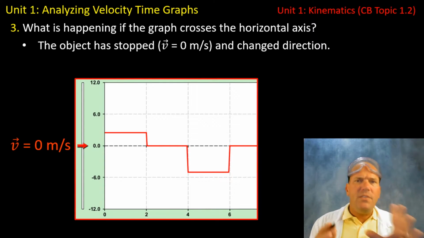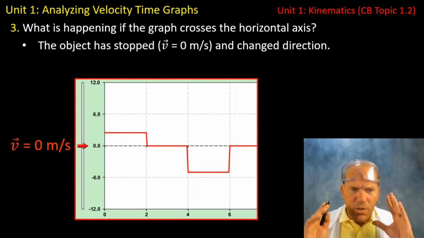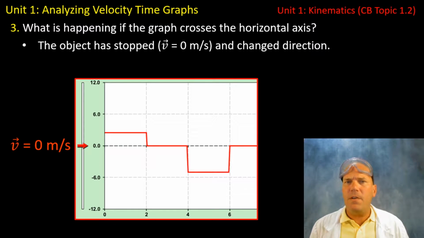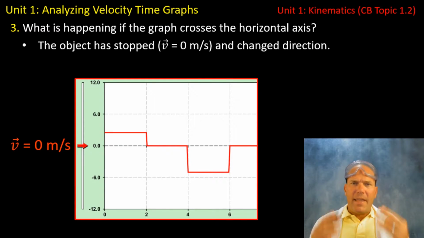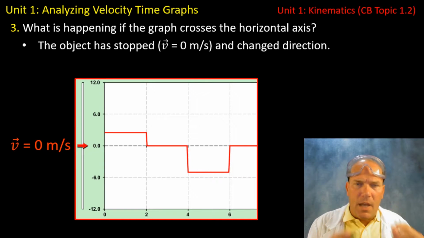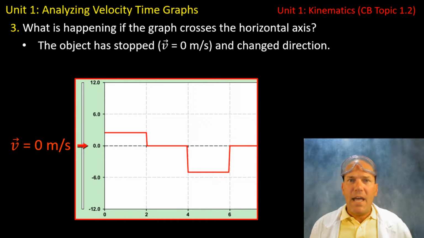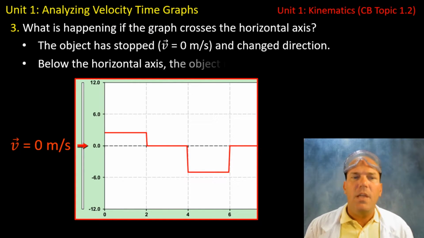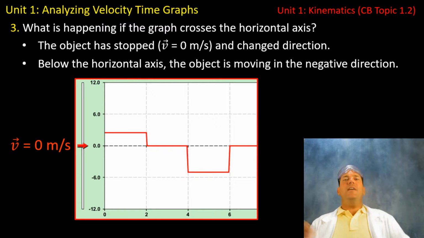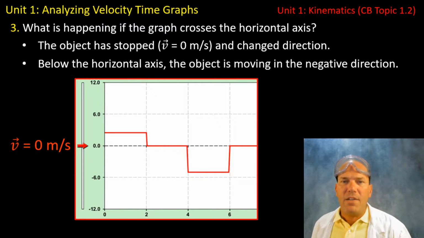If it's crossing the horizontal axis and you are looking at a velocity as a function of time graph, then at that instant, the object has stopped. And if it moves beyond, it is moving backwards. So if it crosses the horizontal, then the object is moving in the negative direction.